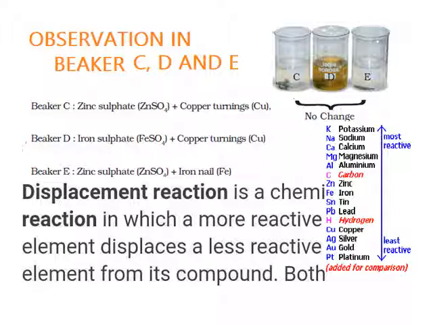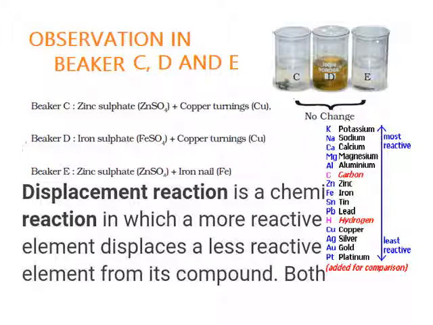So this you will learn when you go to class 10 in detail. Now let us take the three metals which we have taken in the beaker. One is zinc, next is iron, third is copper. Among all these, zinc is the most reactive metal.